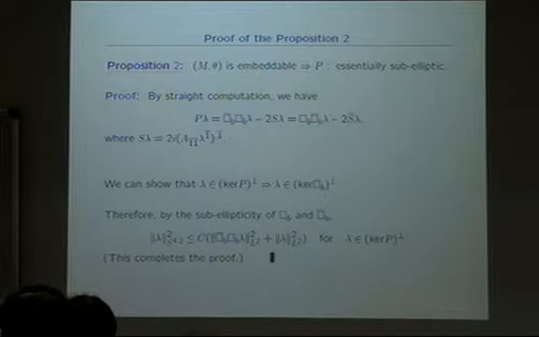We get this estimate for functions orthogonal to kernel P. And because S is a lower order term, this completes the proof of proposition 2.